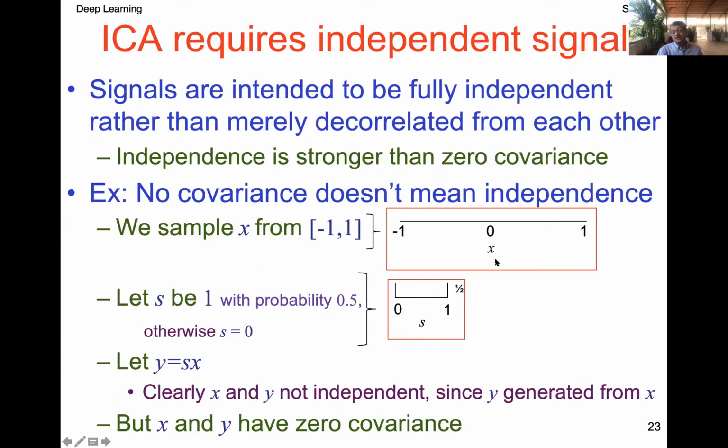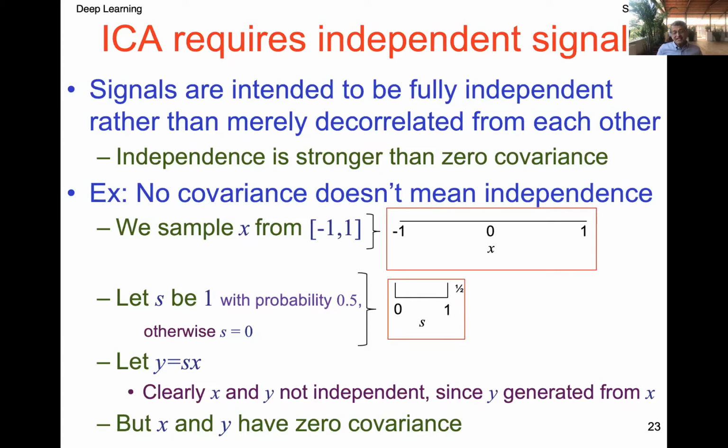So x is some value, like 0.5 is your current value. And maybe s is 0. So we say let y equal s times x. Take that 0.5 and multiply it by 0 and your value is 0. So your y value is 0, s value is 0, x value is 0.5.